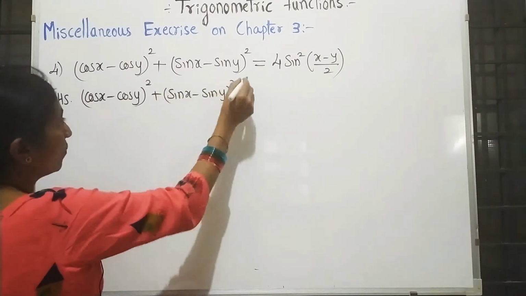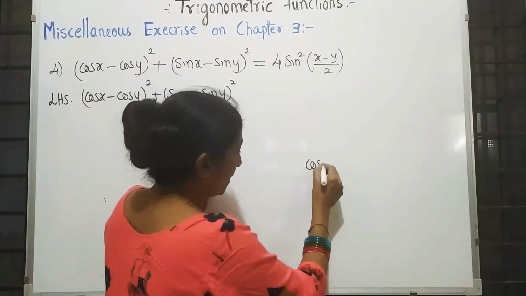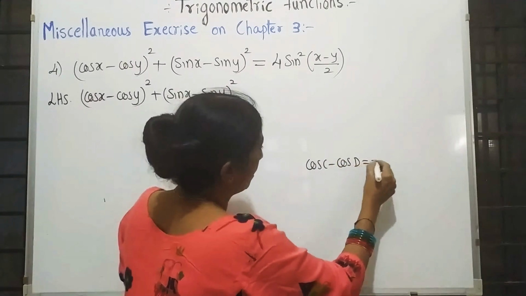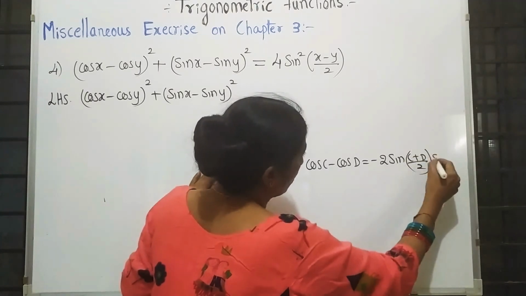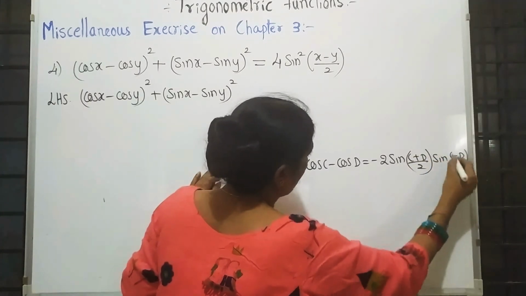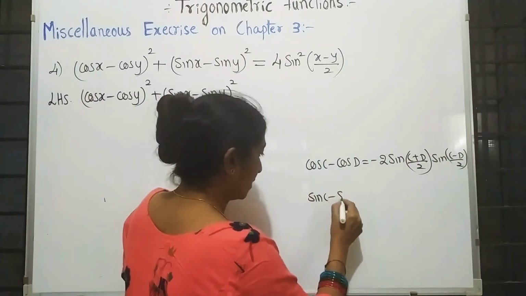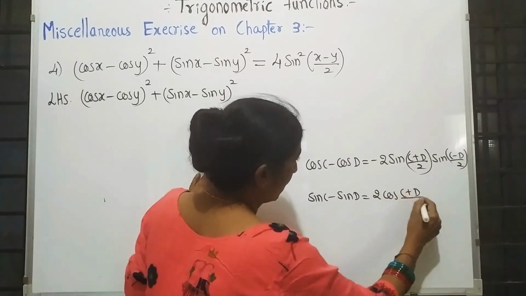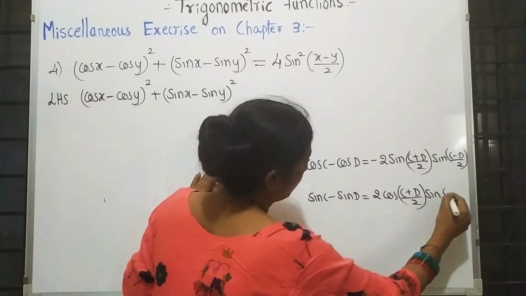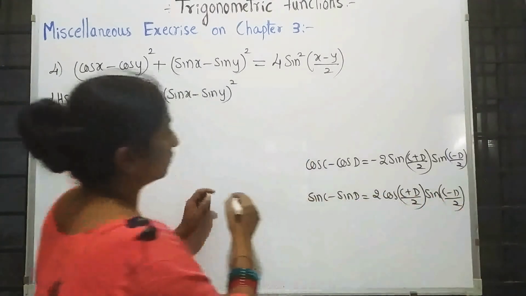Write down the LHS. Cos x minus cos y whole square plus sin x minus sin y whole square. See the formula. Cos c minus cos d is minus 2 sin c plus d by 2 into sin c minus d by 2, and sin c minus sin d is 2 cos c plus d by 2 into sin c minus d by 2.